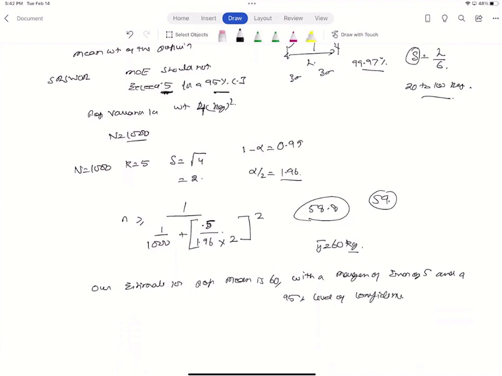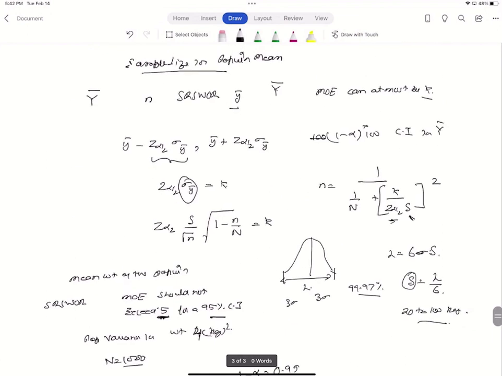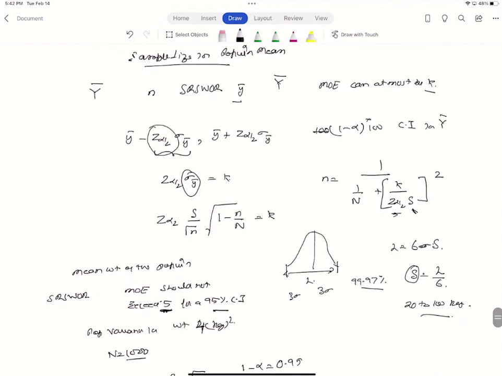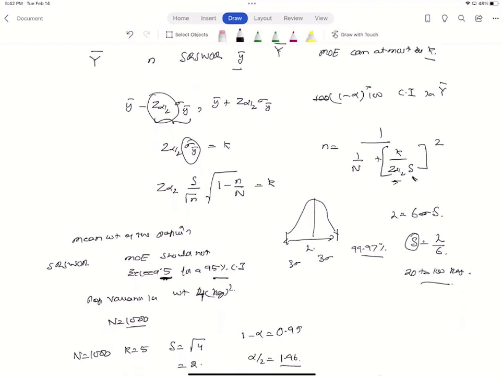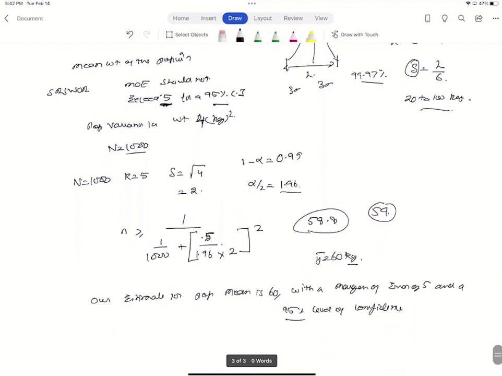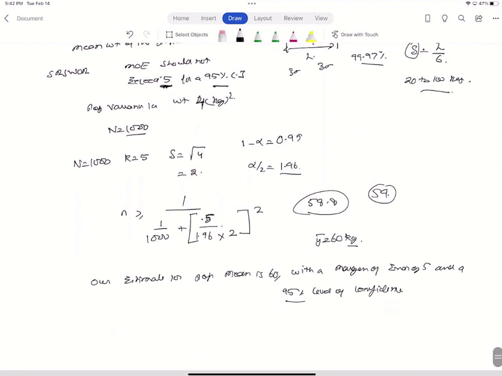The level of confidence is what gives you this number here, and the rest of the thing is very much dependent on what margin of error you want this to be.